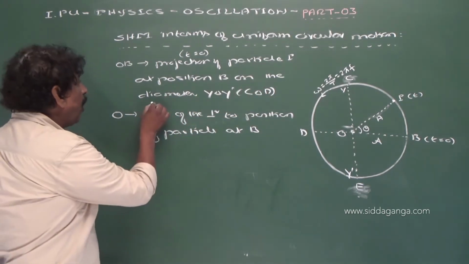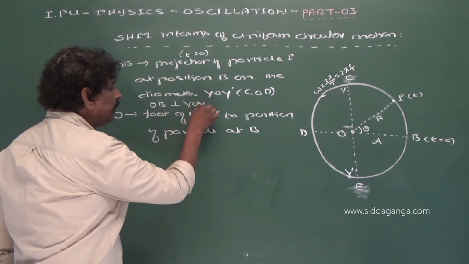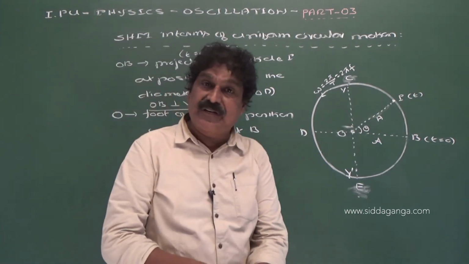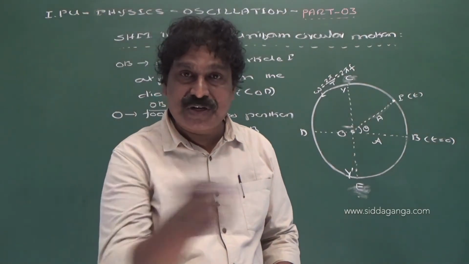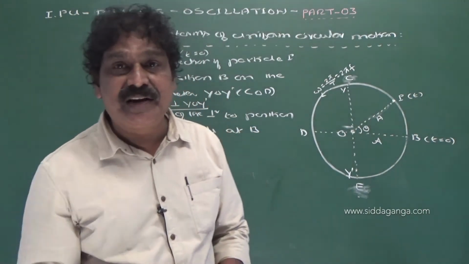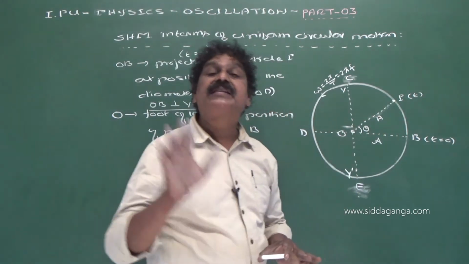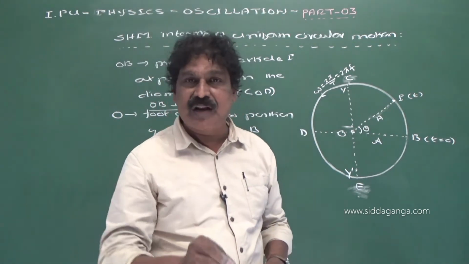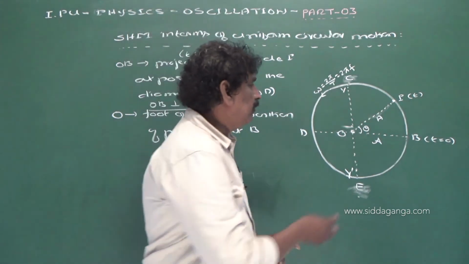This OB is perpendicular to YOY dash. The condition is that projection is always taken on the diameter and projection should always be perpendicular to the diameter. But this OP is not the projection of the position of the particle at P on the diameter.